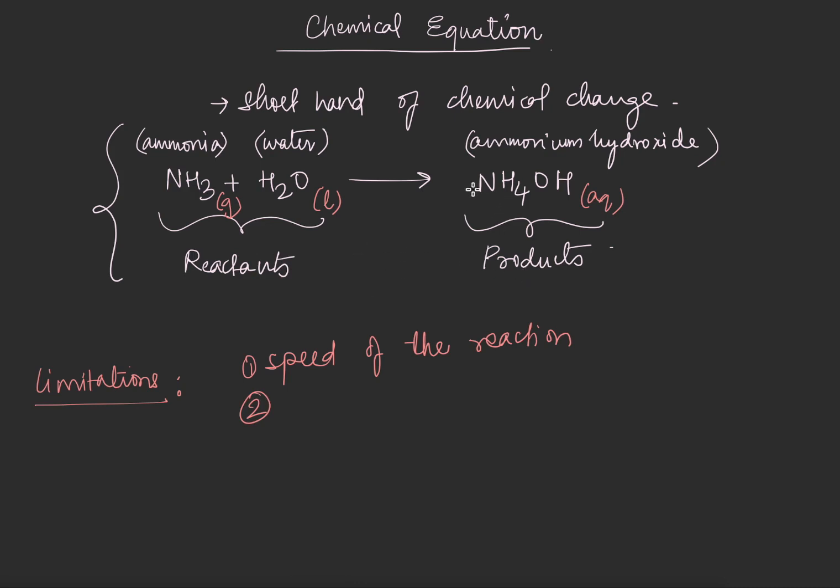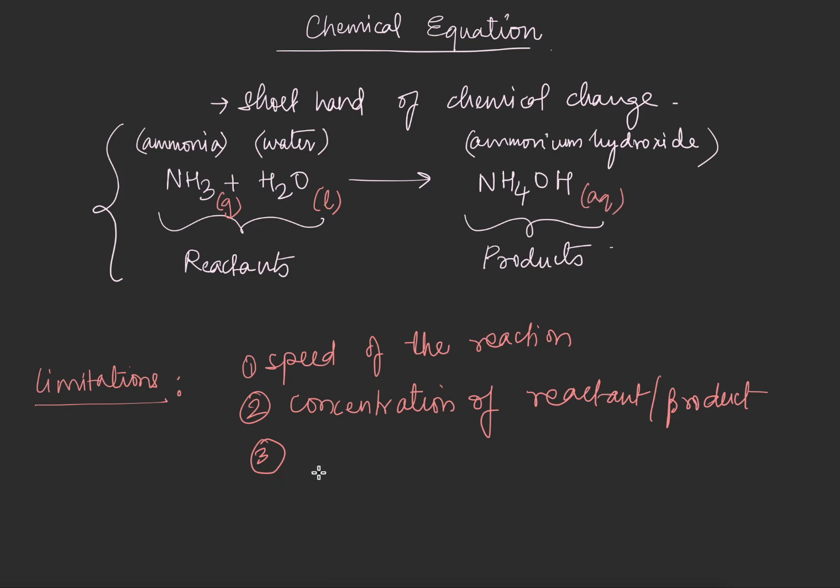The second thing which is not provided in a chemical equation is how concentrated or how dilute are the reactants or the products. Alright, so you might have used concentrated solution of acid in some example. How concentrated is it? What is the concentration in numerical value? It is not given in a chemical equation.